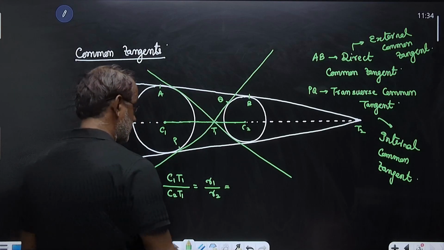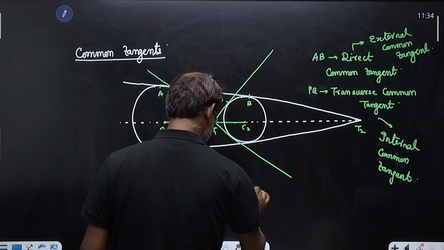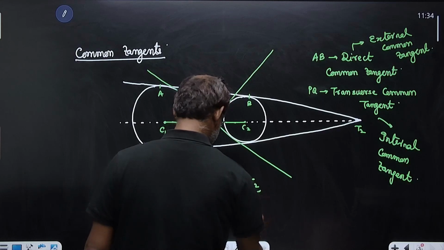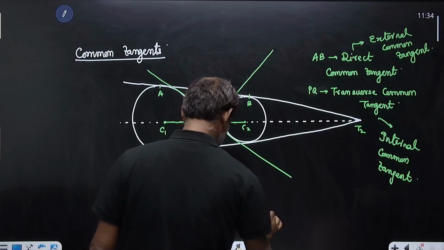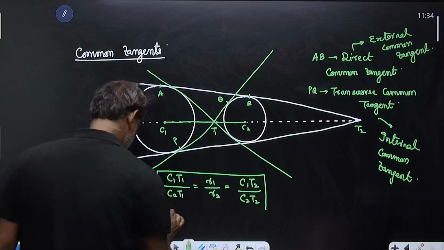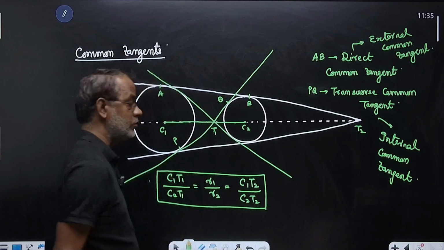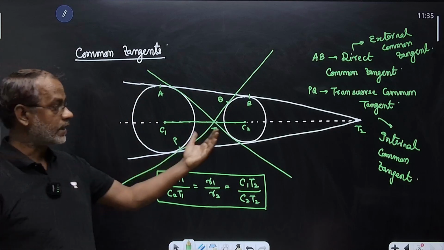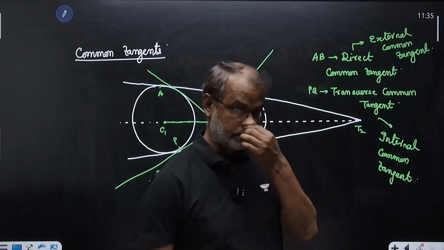The external common tangent divides the line joining the centers externally in the ratio of the radii.